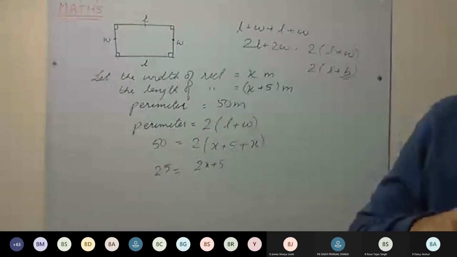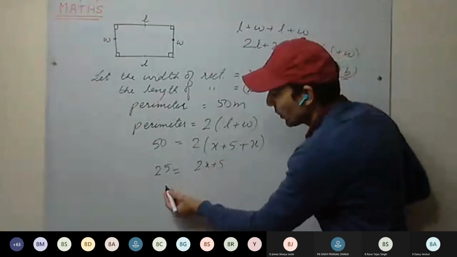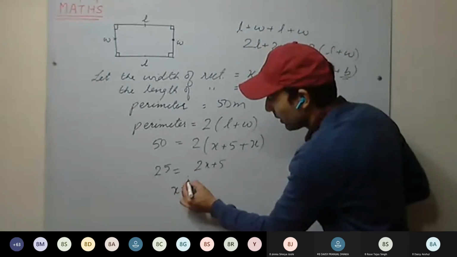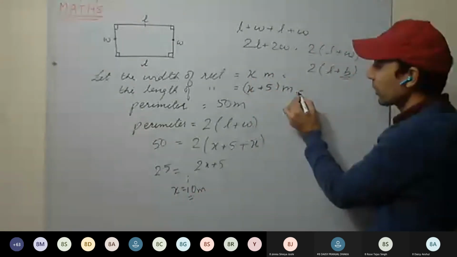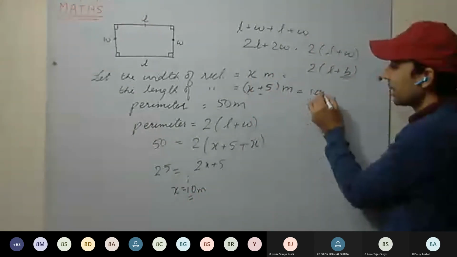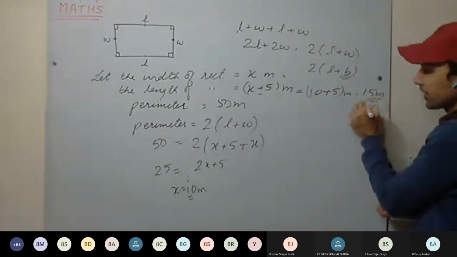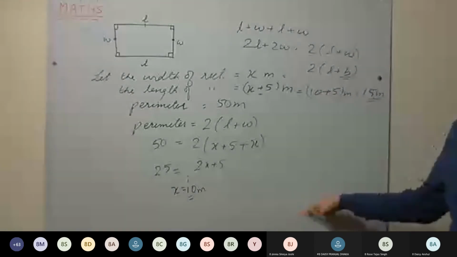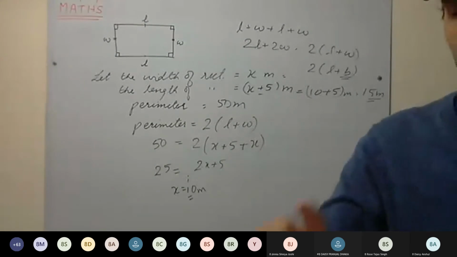Now breadth is 10, you have to find the length. Length will be 10 plus 5 meters. It will be how much? 15 meters. At last, length of the rectangle equal to 15 meters. Understood this question?